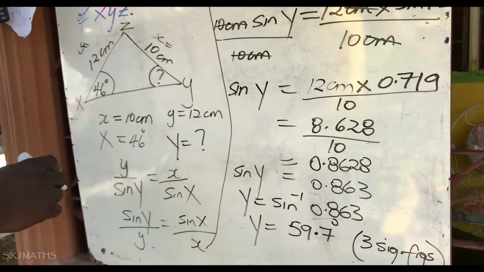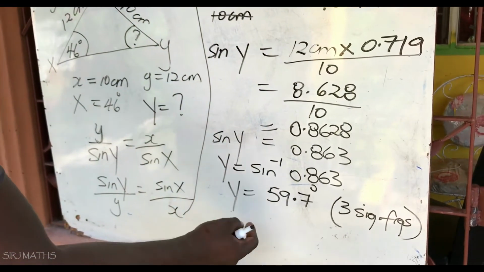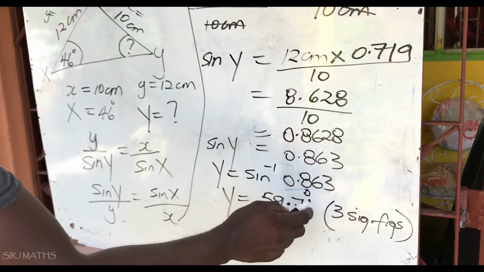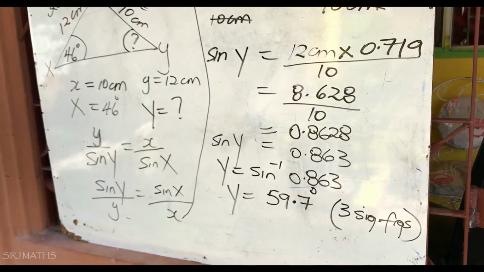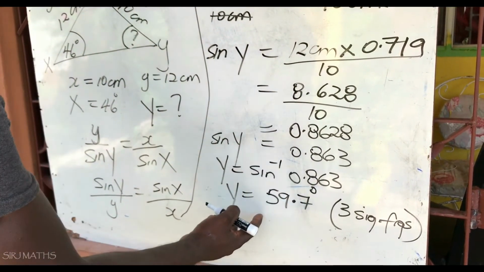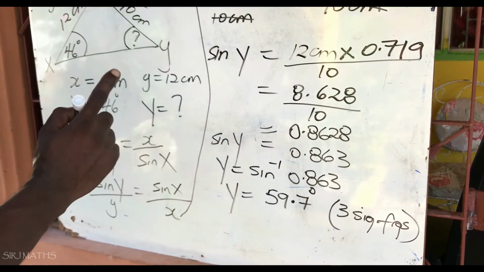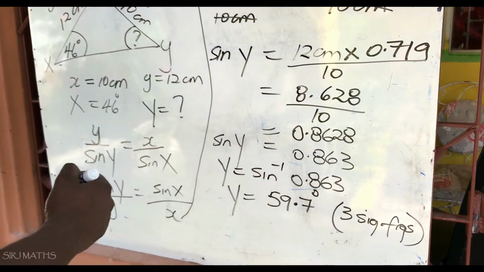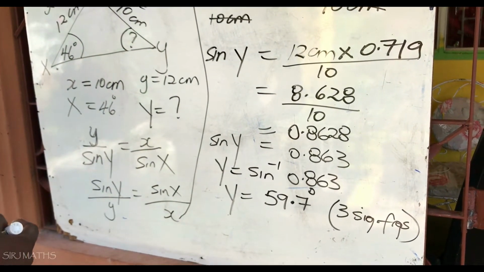Now it is of note that 59.7 degrees is an angle that we can have here, but there's another angle that might be possible.